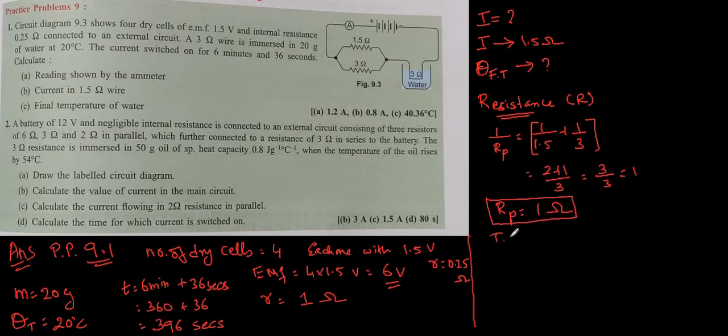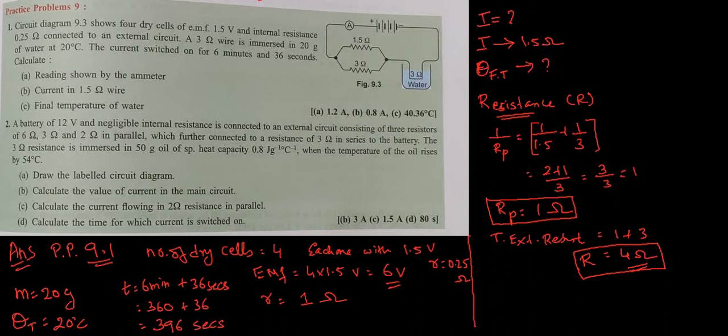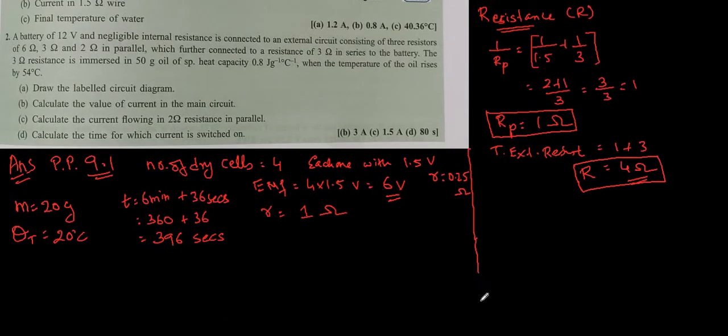Now total external resistance is equal to what? 1 plus 3. That is going to become 4 ohm. So I got total external resistance is 4 ohm. I have to find out the current passing through the circuit. So current passing through the circuit, I will say I is equal to E upon R plus r.